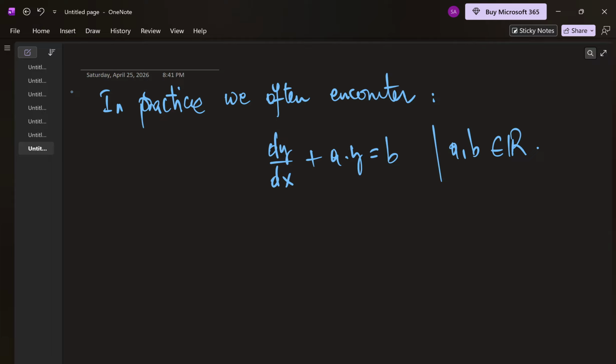So this is very easy to compute using the substitution or by separation of variables.